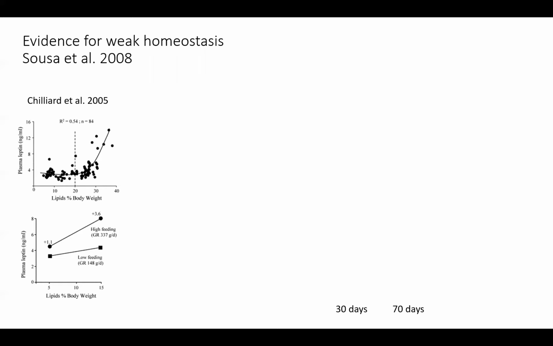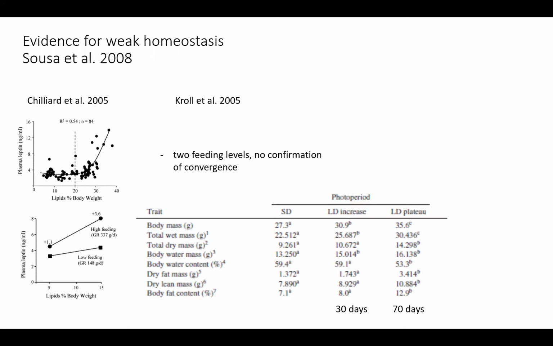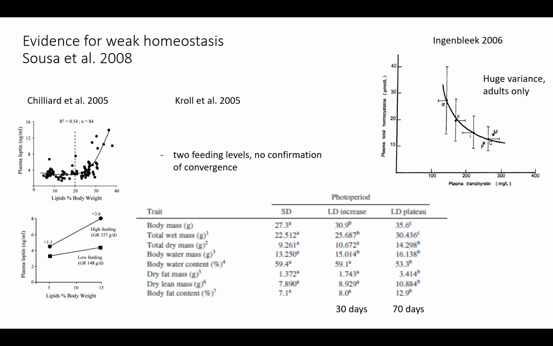Plus, you can draw all sorts of curves through two points. Kroll et al. has two feeding levels, but no confirmation of convergence. In fact, as time progresses, the composition keeps changing after 30 days, certainly after 70 days. I don't know whether it converged or not because it wasn't measured. And then the Engelbleek 2006 paper has only adults in there and has huge variance. So you can basically draw all sorts of lines through this.